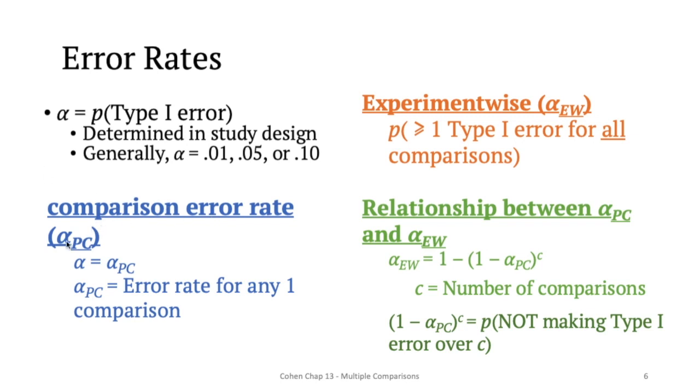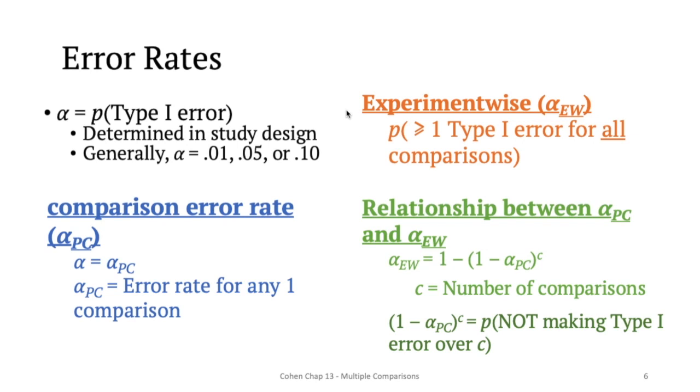For each comparison, you have this pairwise comparison alpha, and that's just the alpha rate for any one comparison. So if we run one test and our alpha is 0.05, that is the alpha for that test. We have a 5% chance of committing a type 1 error there.